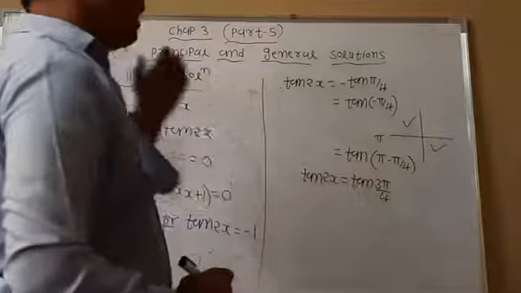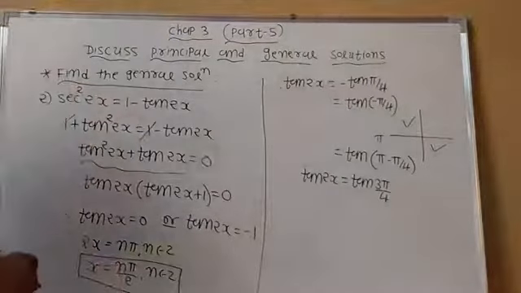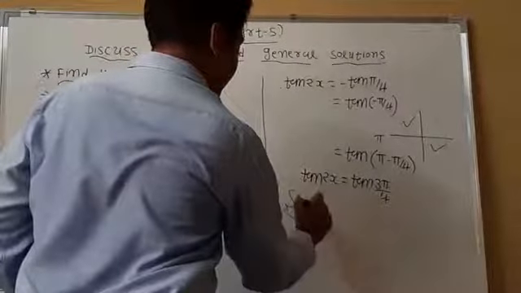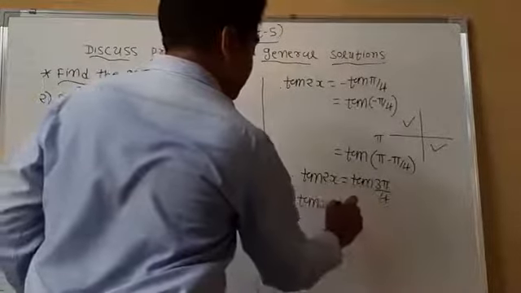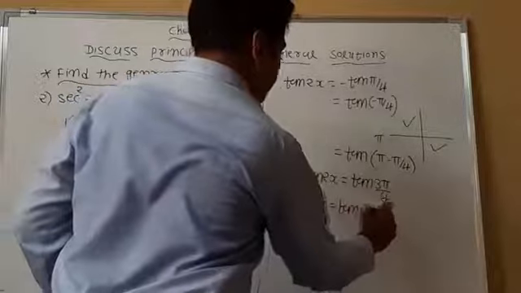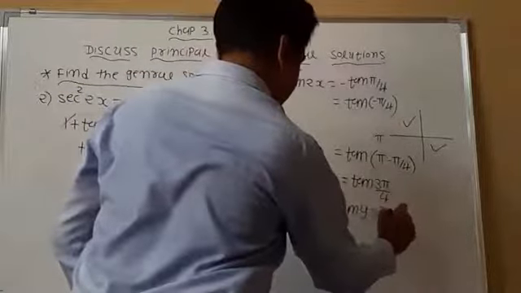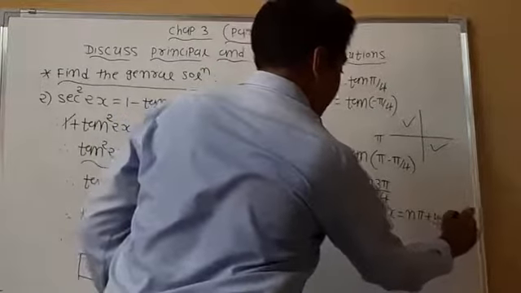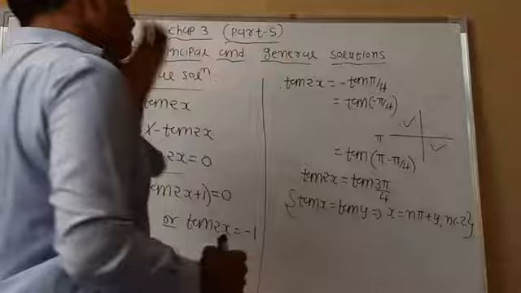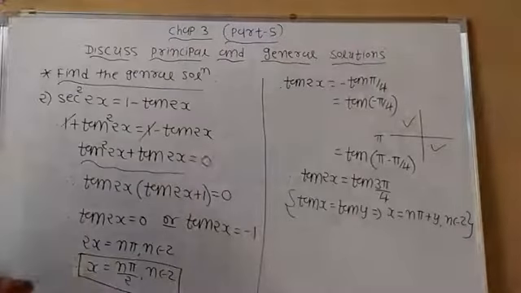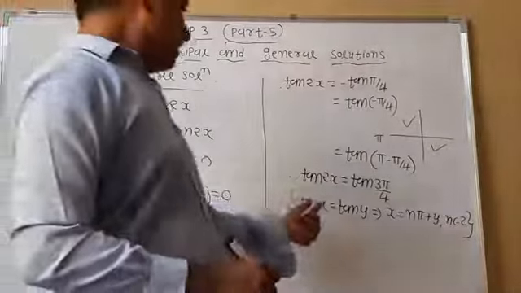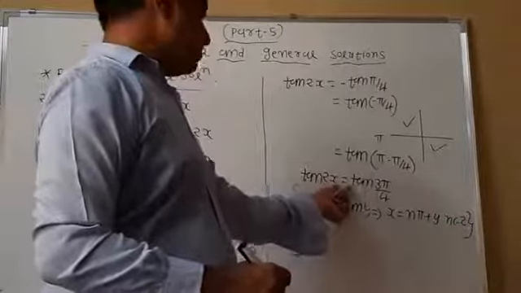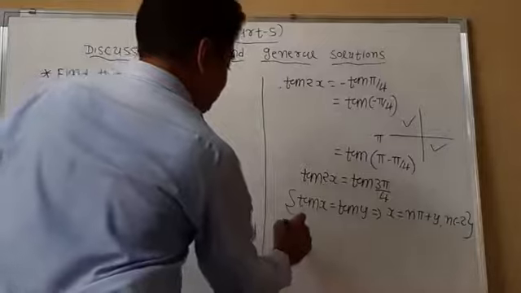After that, using the result tan x is equal to tan y, it implies x is equal to n pi plus y, n belongs to z. So using this result, but here in place of x the 2x form is present, that's why we write 2x.